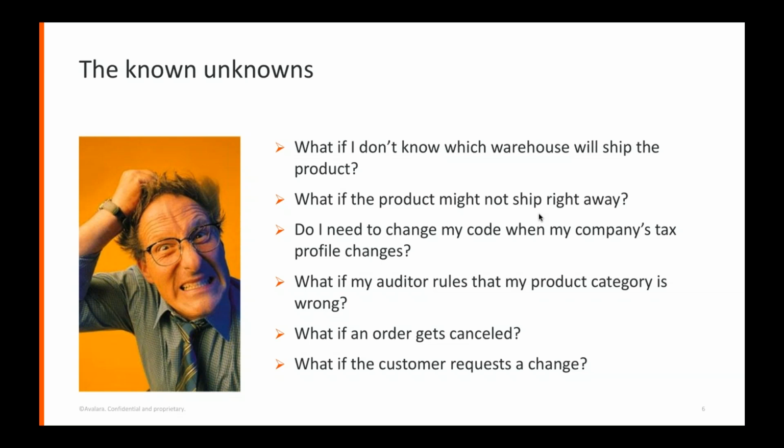You're going to have to go back and edit your shopping cart code. So what I encourage people is, as much as you can, don't do that. I'll talk more about it in a little bit. Adding hard coding to make things faster just increases risks. I like to design for maintainability. What if my auditor rules that my product category is wrong?